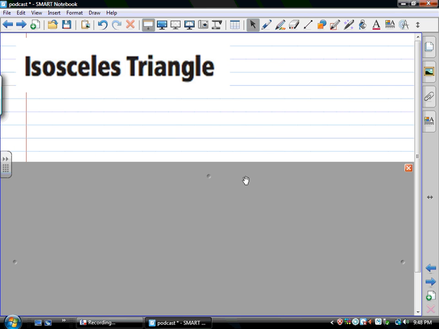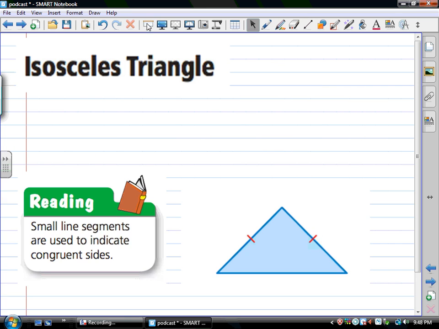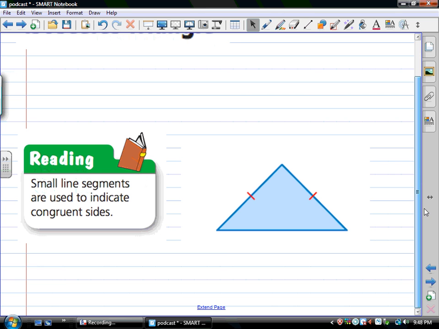All right. An isosceles triangle. Here's a picture of an isosceles triangle.